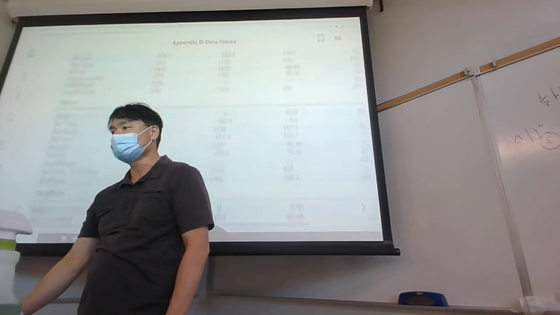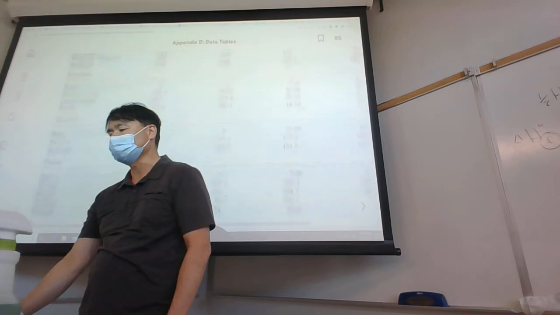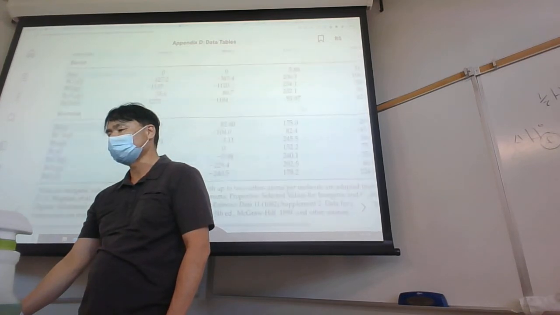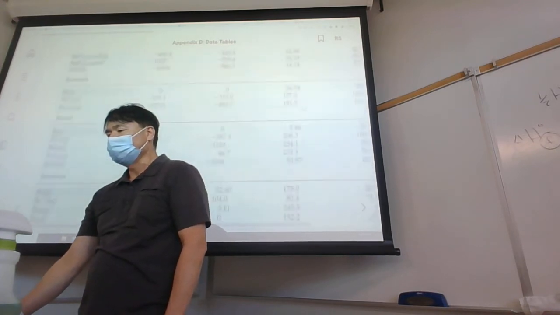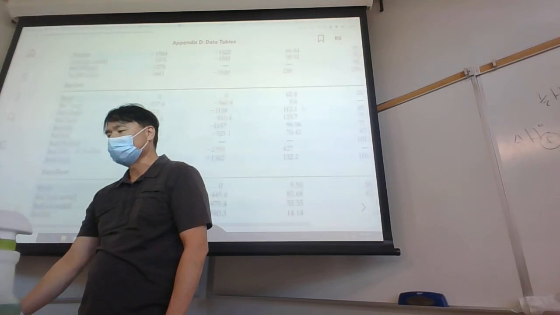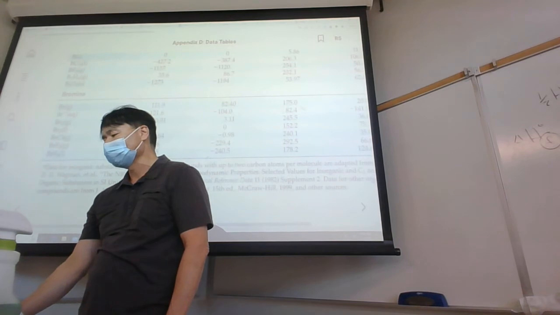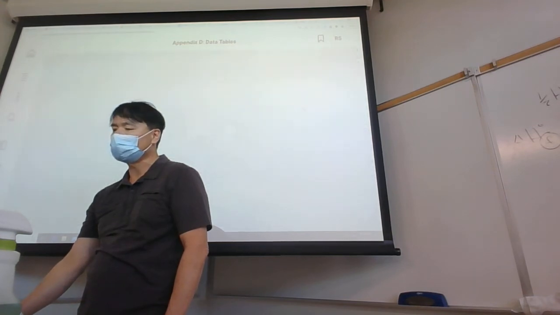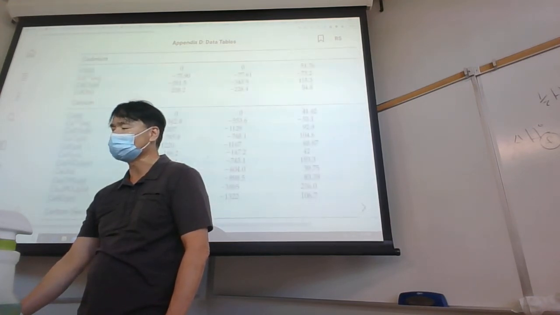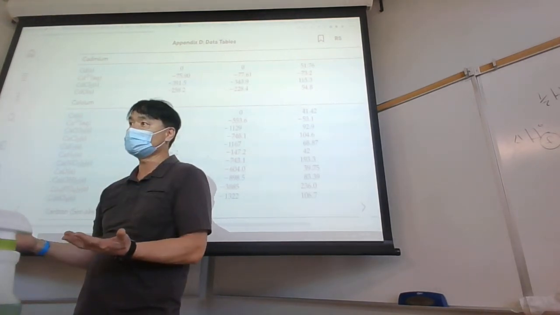A lot of these are 0. Well, it's pretty easy. Right? But you look at most of these delta H of formation, are they mostly exothermic or mostly endothermic? Exothermic. So usually when we form compounds from the elements, compounds are more stable. This is why compounds form. Otherwise, the world would consist of elements alone.